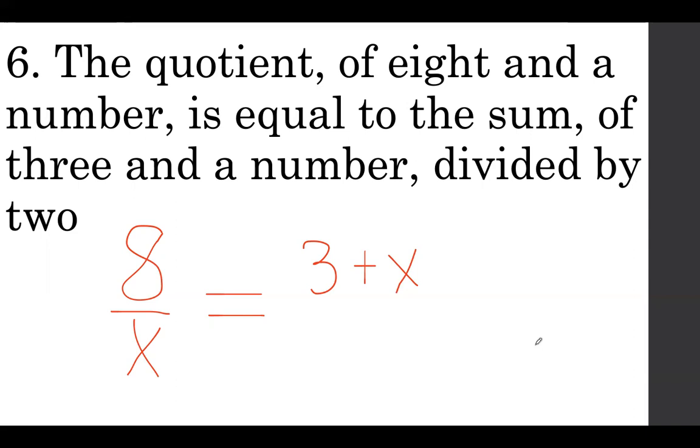Now, the reason why we know this will actually be all divided by 2 is specifically because it says equal to the sum of 3 and a number, meaning 3 and a number should be put together, and then we're dividing that whole thing by 2, rather than it saying that it's equal to just simply 3 and a number divided by 2. Because it uses the phrase is equal to the sum, we know that that whole part, 3 plus a number, should actually be together before dividing the entire sum by 2.